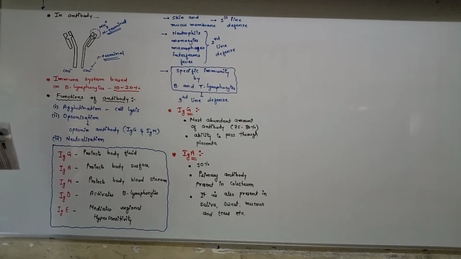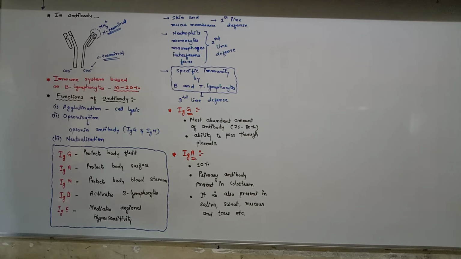IgA antibody is present in only 10%. It is the primary antibody present in the colostrum. As you know, colostrum is the first milk secreted from the mammary gland after delivery of the child, and colostrum is the richest source of the IgA antibody.